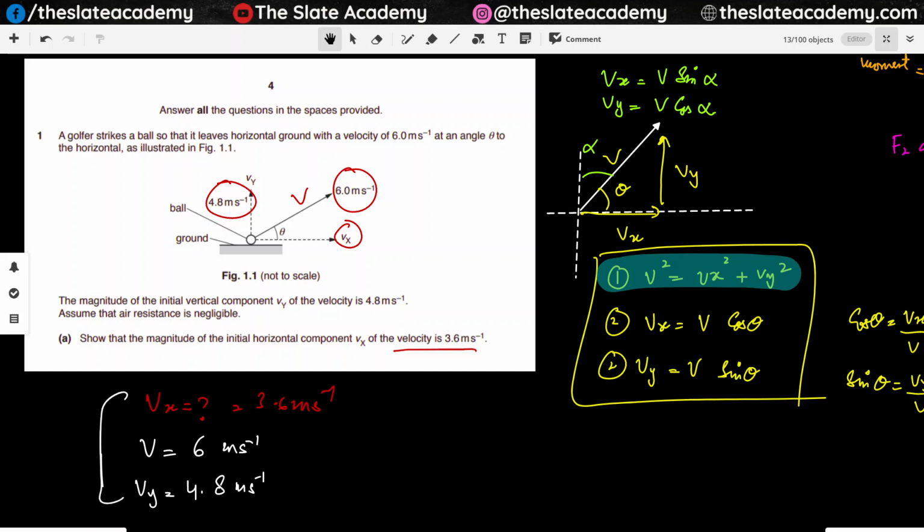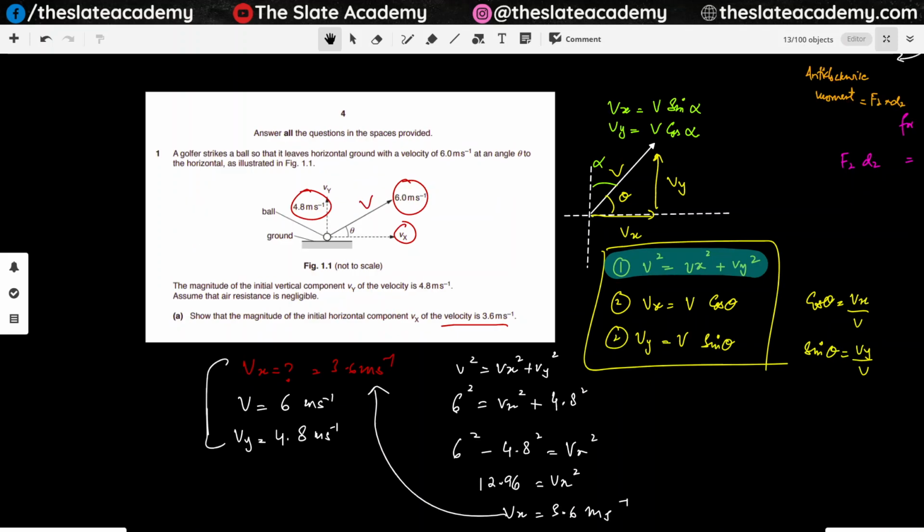Which formula contains Vx, V, and Vy? 12.96 is Vx squared. In order to find Vx, I'll have to take the square root of both sides.